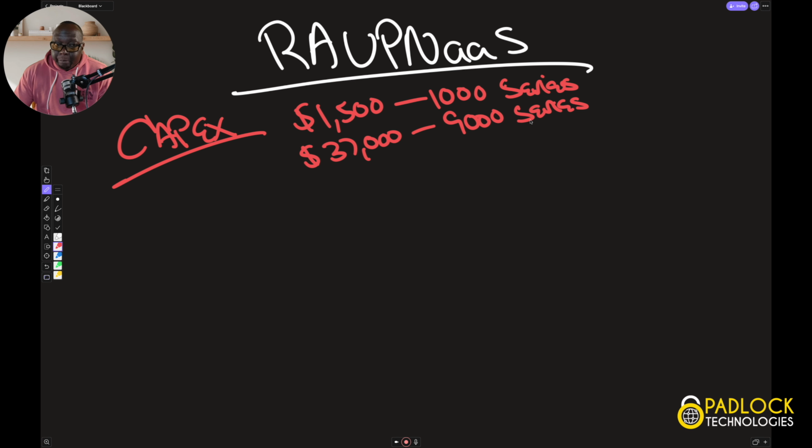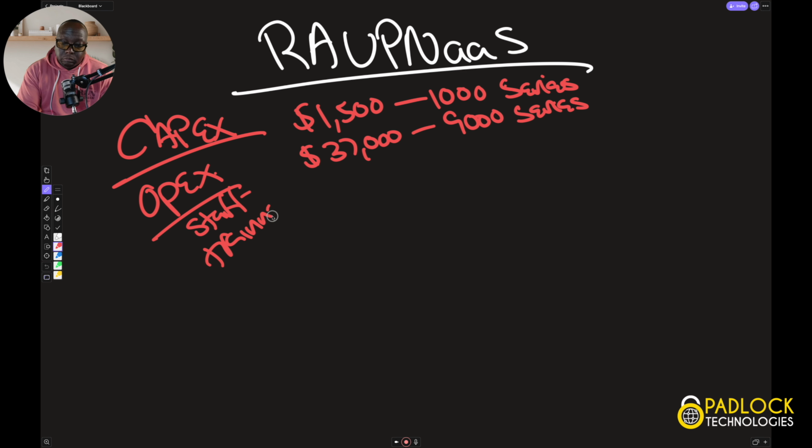And that's a CapEx number. So you have to make that initial investment. And then there's the OpEx of someone having to support all that. So there's still OpEx that's going to be involved, which is staff, training if they don't know it, etc. Now, these two are going to take, obviously, money and time, right? This is money and time.